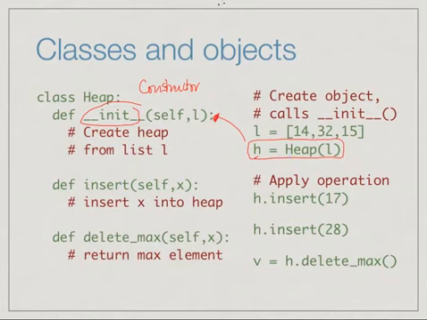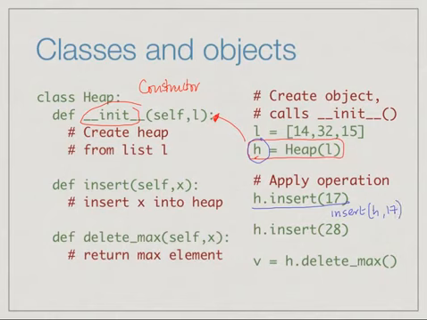Now, as we said, we have functions like insert and delete max defined for heaps, but it's like we have a separate copy of this function for each individual heap. So in this case, we have created a heap h. We want to tell h, insert in yourself the value 17. So we write that as insert with respect to h: h dot insert 17, as opposed to insert h 17, which would be the normal functional style of writing this.